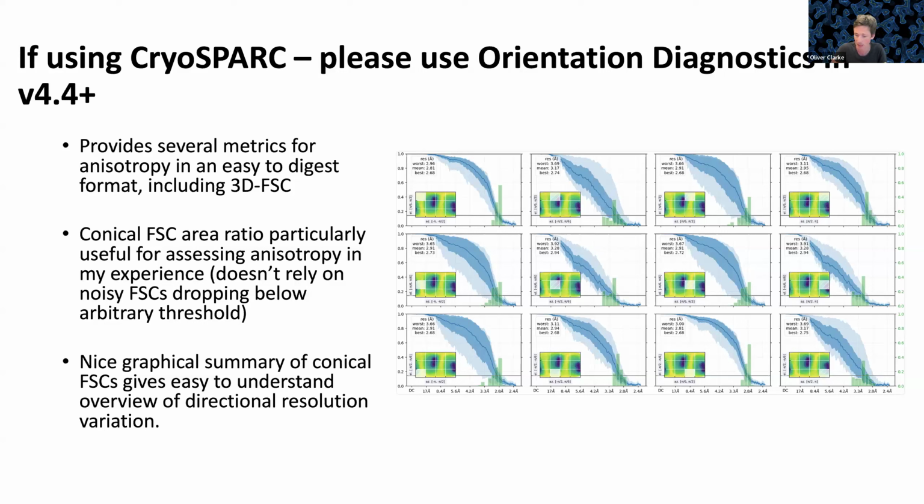I would say that, if all else fails, you can use some of these machine learning-based map improvement algorithms like DeepEMhancer to improve map interpretability. However, as has been noted, caveats abound. Particularly, I would also note with regards to ligands, they can just disappear.